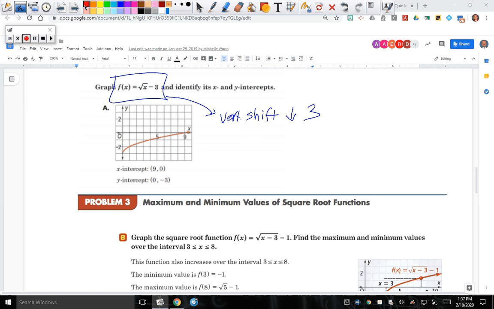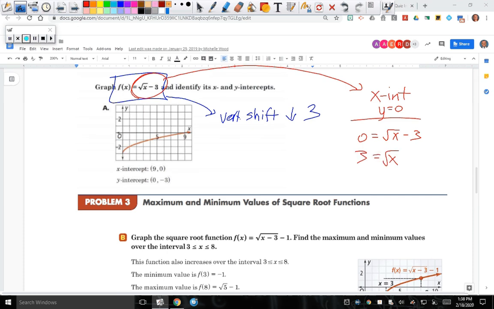What if I was asked to find the x and y intercept? Guys, how do I find the x-intercept from this equation? Plug in 0 for y. So if I plug in 0 for y, it'll be 0 is equal to root x minus 3. Help me out, what do I do? Add 3. And now what do I do?